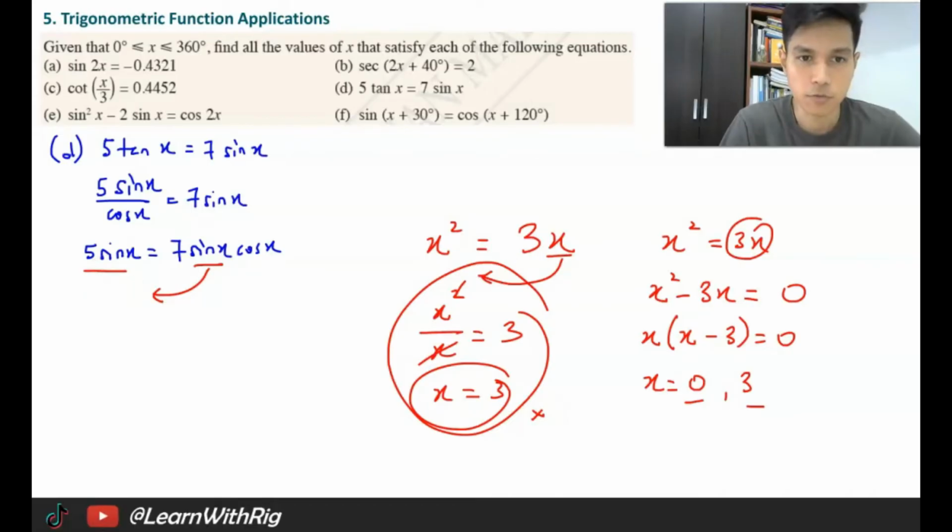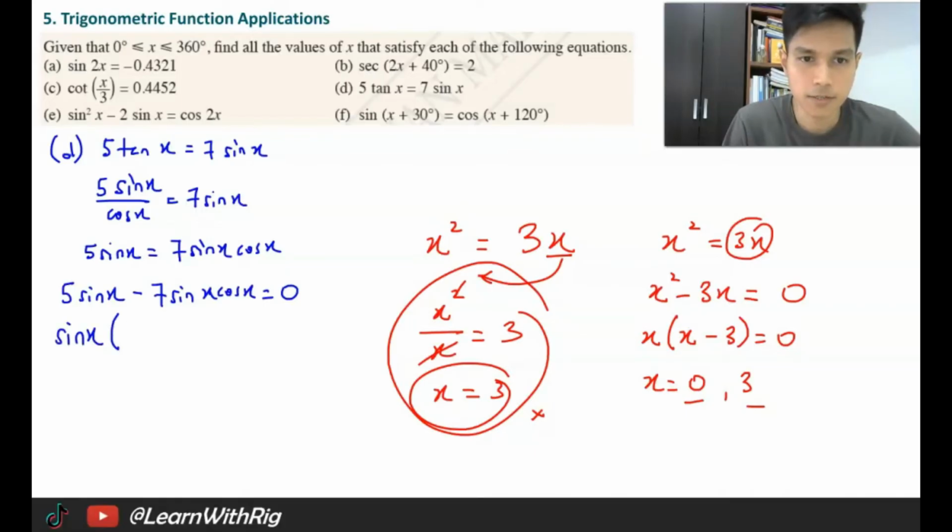So what you have to do is put them together side by side, so it becomes like this: 5 sin x minus 7 sin x cos x equals 0. Now you factorize the sine out.